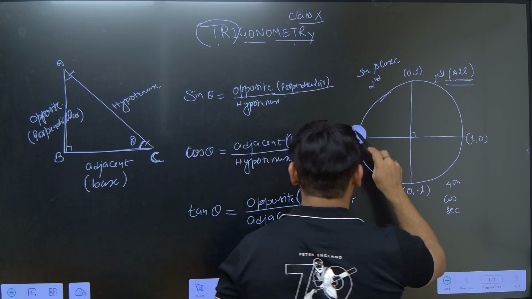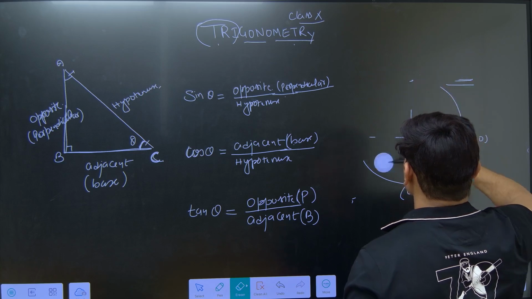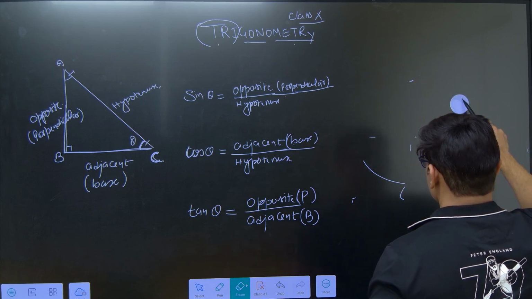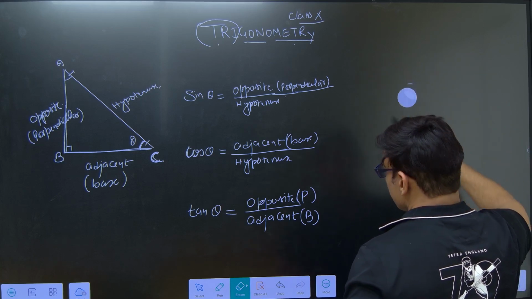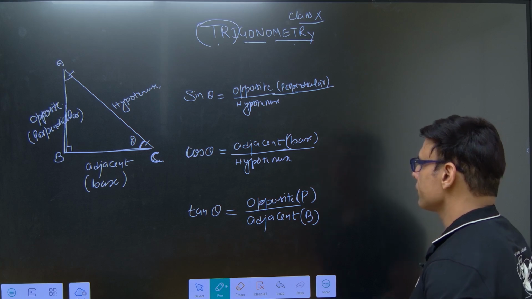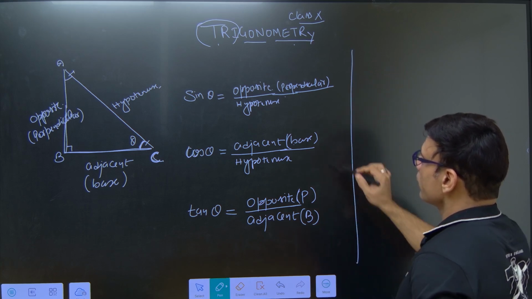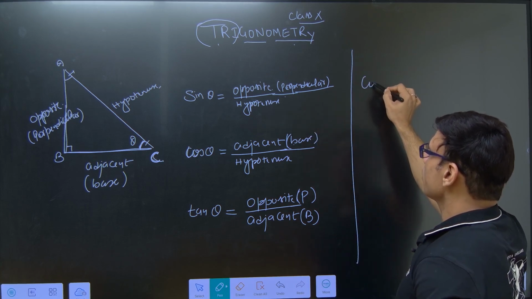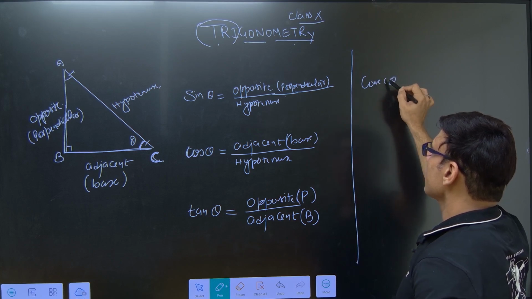So remember these 6 trigonometric ratios which we have, 3 and the other 3 are exactly opposite, meaning reciprocal of each other. So the reciprocal of sine is called cosec theta.